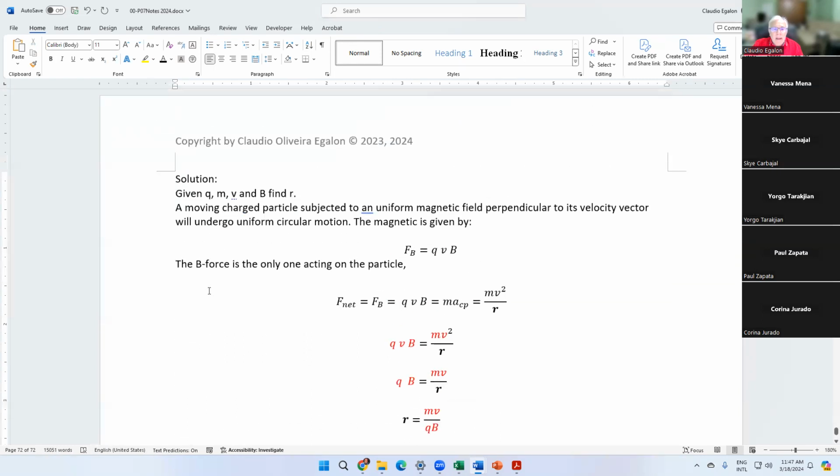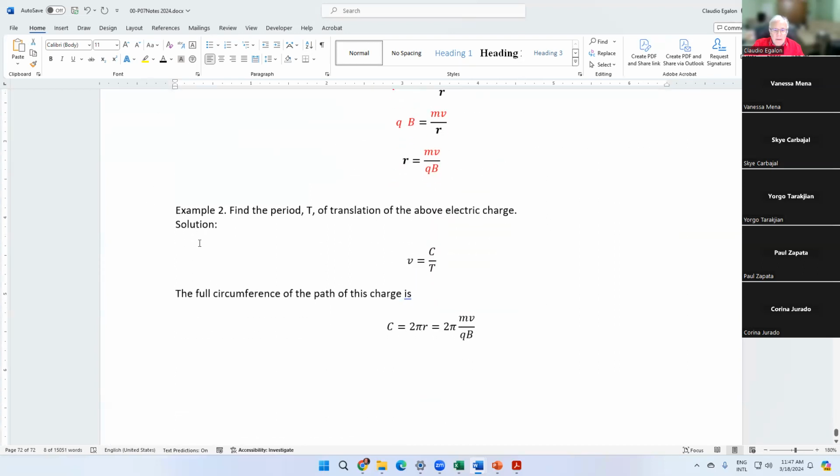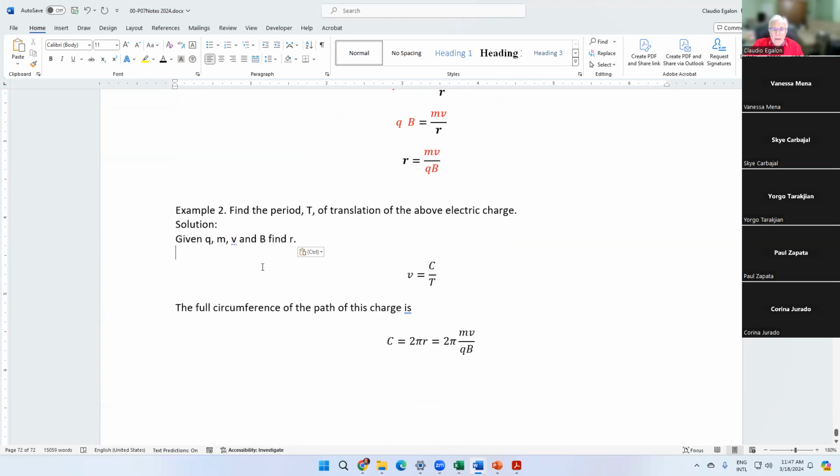Solution, right? I'm going to write that down here. Given q, m, v, B, now we already have r, and we found r previously.